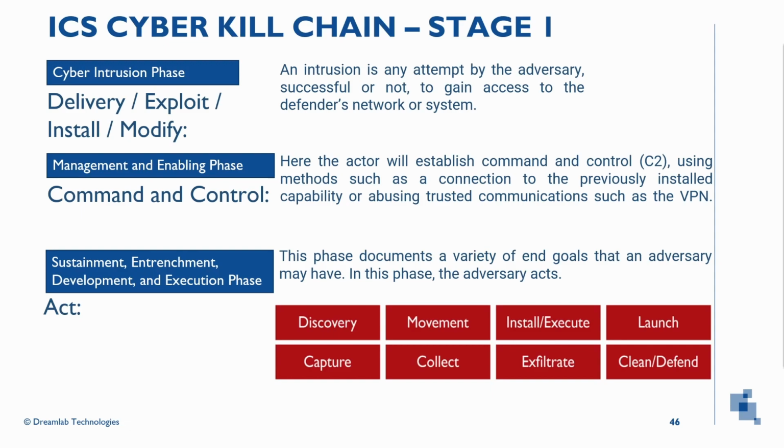We launch our command and control using methods such as connection to previously installed capability or abusing trusted communication such as the VPN. Then we have the sustainment, entrenchment, development, and execution phase, which documents a variety of end goals that an adversary may have. In this phase is when the adversary acts. So we can discover, do lateral movement, everything we know in a common IT attack.